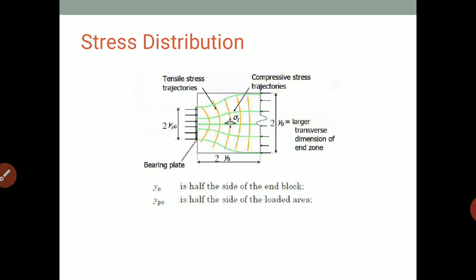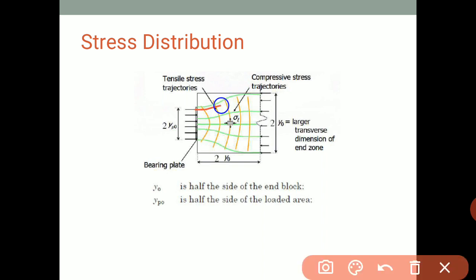Now, what is the stress distribution, how do the stress trajectories travel? In the starting of the part, the compressive stress trajectories are not parallel, and at the ends they get parallel.